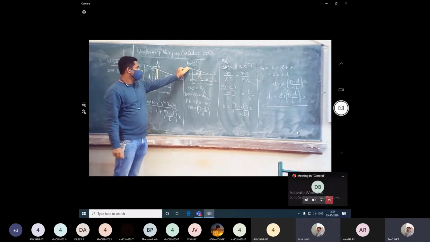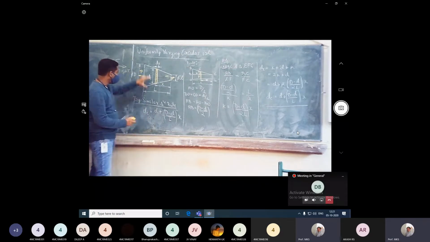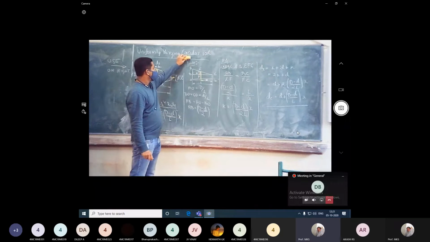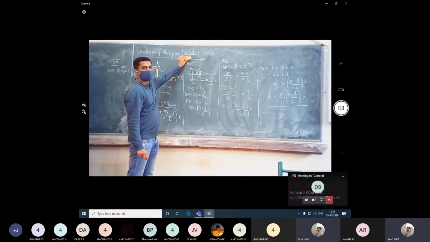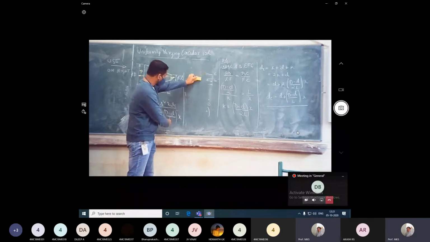So this is only for your note, how it comes. You can directly write the elemental diameter dE is given by d plus (D minus d) by L into x. Okay, if written, I'll just wipe this. So I'll continue from here.